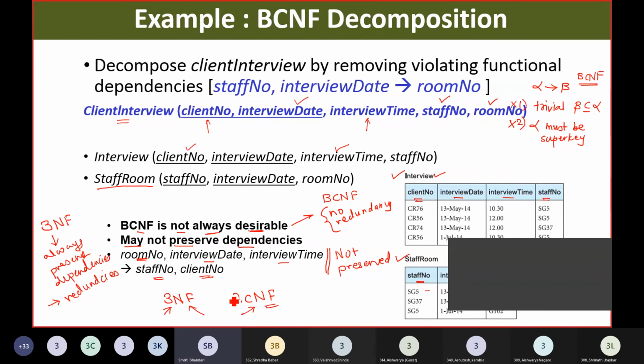Okay? If we look at BCNF, then BCNF will not have any redundancies, but sometimes it may happen that certain dependencies are not preserved. Right? And that is why we should make a wise decision whenever we select one of these two normal forms, 3NF or BCNF.